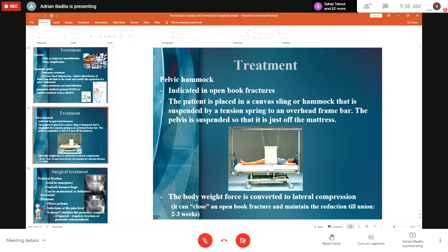That means that between the pelvis of the patient and the mattress, we have 2 or 3 centimeters. The body weight forces is converted in lateral compression, and this lateral compression will close the open book fracture. And the patient will stay in this pelvic hammock for 2 or 3 weeks till we have primary fixation of the fracture.